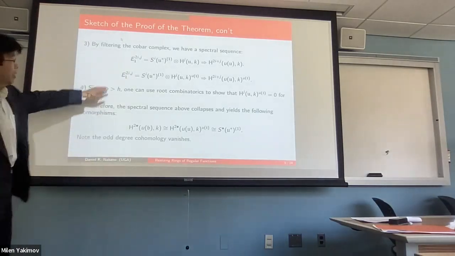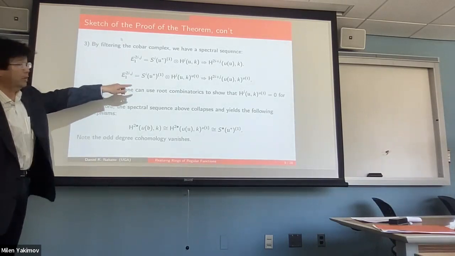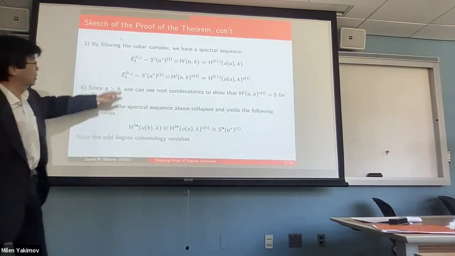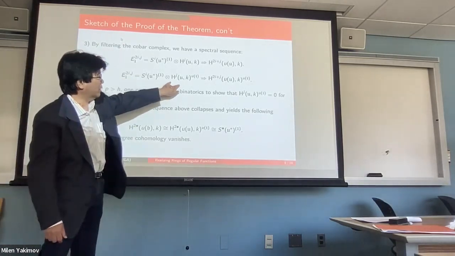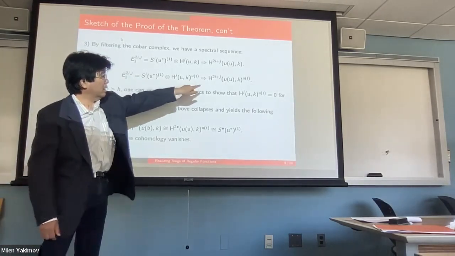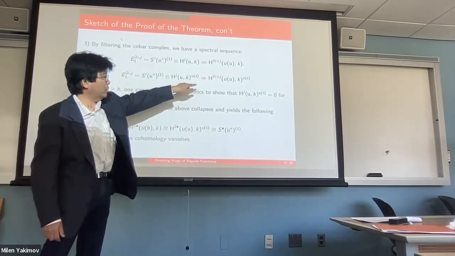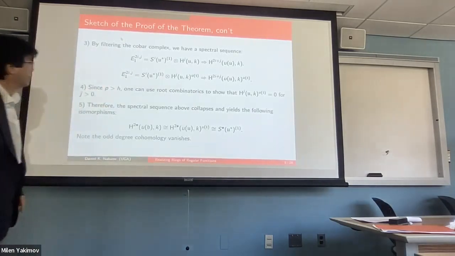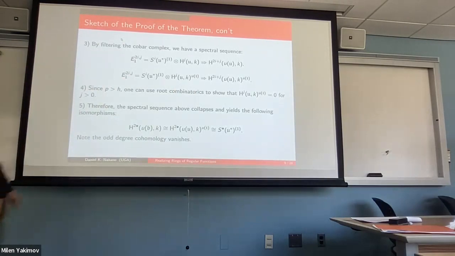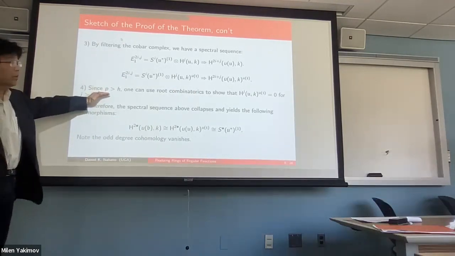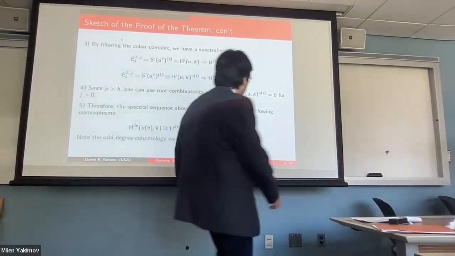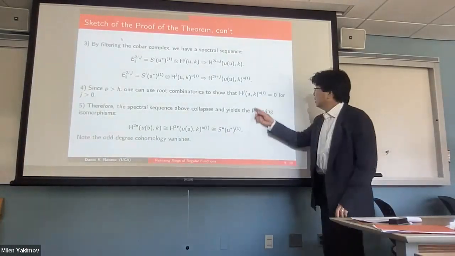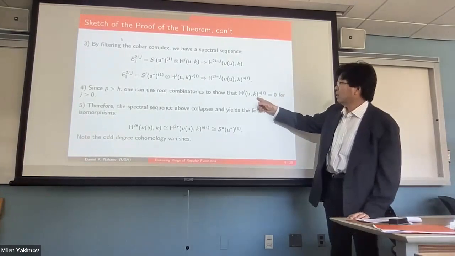And now you just apply the fixed point functor to everything. It's exact. So the fixed points act trivially here, and they act on the ordinary Lie algebra cohomology over here. And then they converge to the UB cohomology on this side. And now, because p is bigger than the Coxeter number, it turns out that the cohomology over here only lives in degree 0.